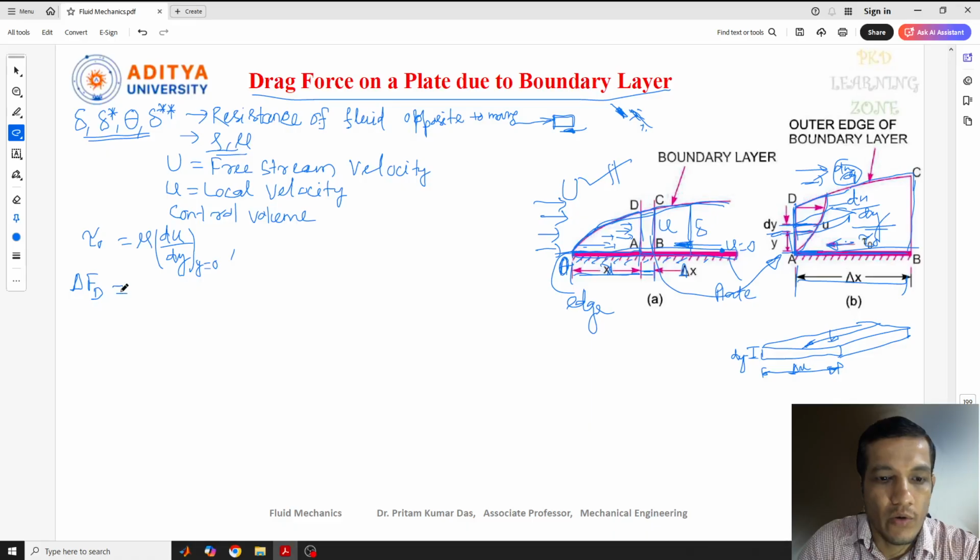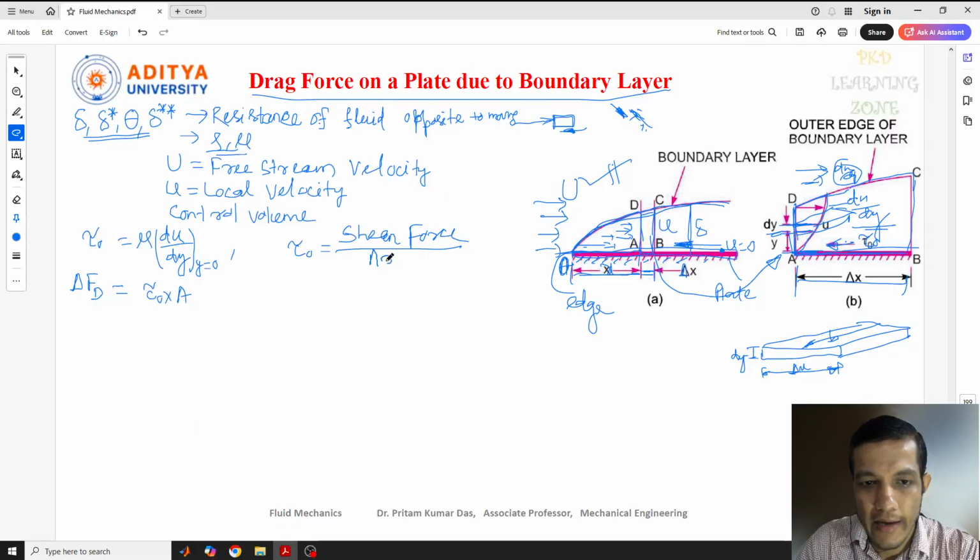So delta Fd equals shear stress into area, because shear stress can be written as shear force divided by area. Shear force or drag force, both are the same. Now we can write this drag force equal to shear stress into area.